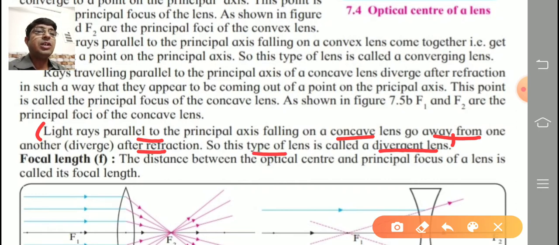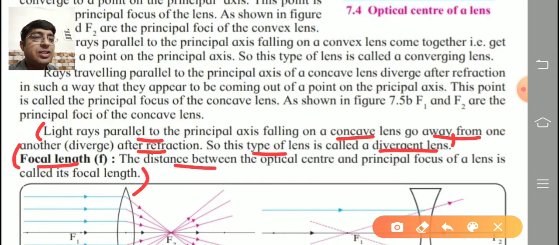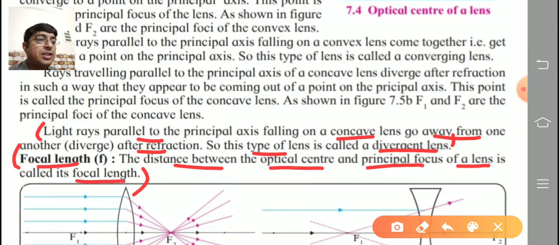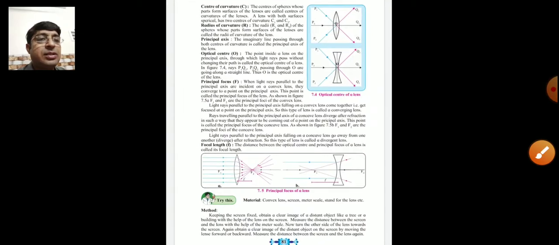In short, a concave lens is called a diverging lens. Last definition, define focal length, indicated by a small letter f. The distance between the optical center and principal focus of a lens is called its focal length. So these are the basic terms related to lenses.